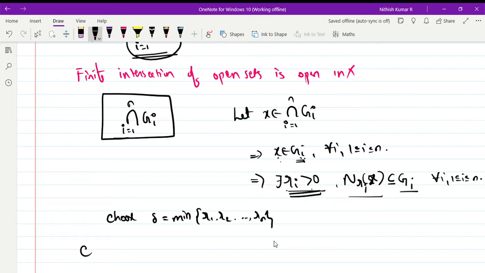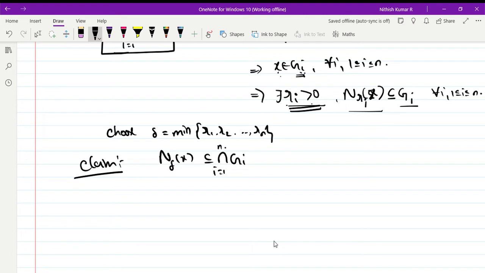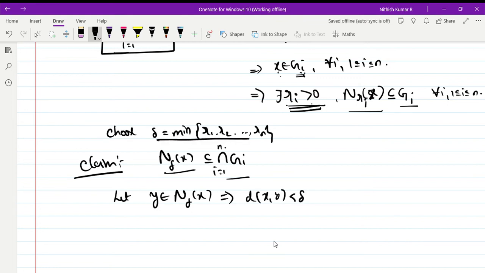Now my claim is N_delta of x is contained in the intersection of Gi, i equal to 1 to n. To prove a set is contained in this, consider an element. Let y belong to N_delta of x. This implies the distance between x and y is less than delta. Now this delta is the minimum of each Ri, so delta is less than or equal to Ri for all i between 1 and n.